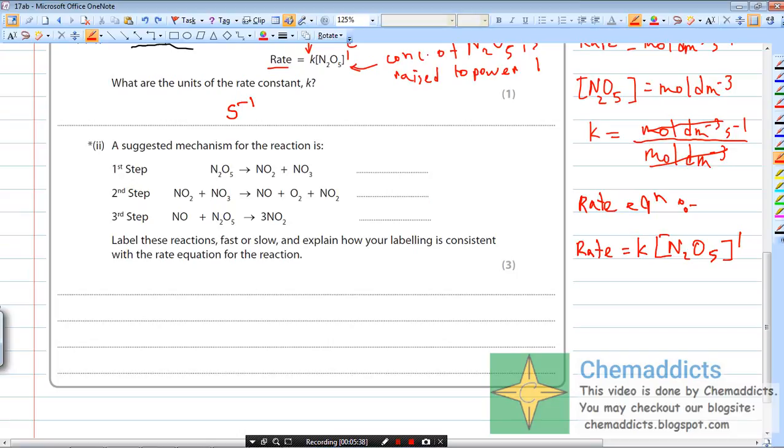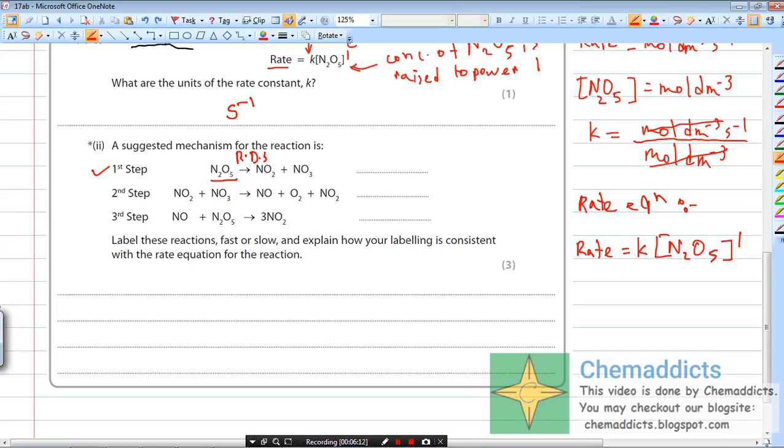The only step that involves only one particle is step number 1. Since one particle is involved, this must be the rate determining step, according to the rate equation.